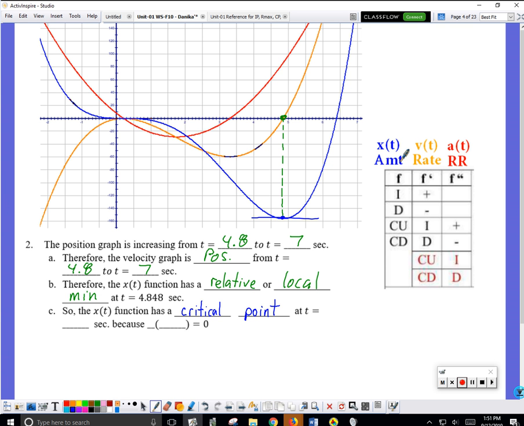So what you're noticing is, these tangent slopes are all negative because the position's going down. These tangent slopes are all positive because the position's going up. That means the derivative, look right here, velocity, these values are all negative, and these values are all positive. That's exactly what you're saying.